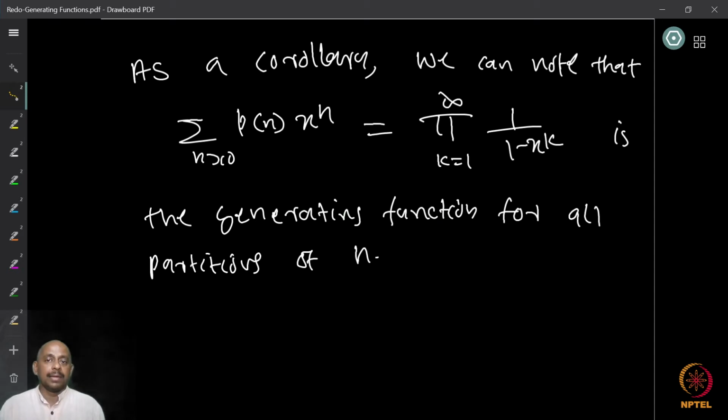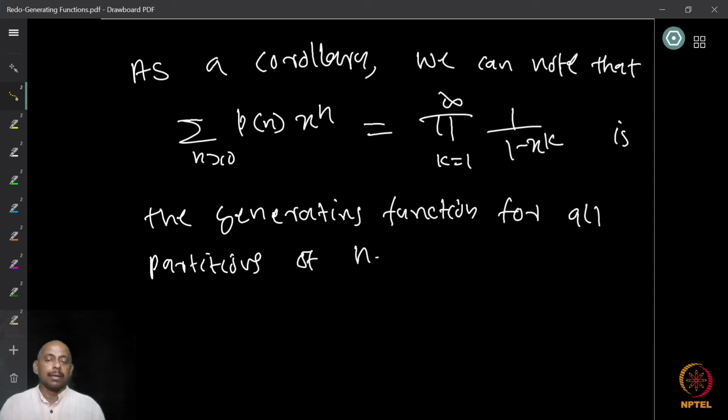So as a corollary, we can also get the generative function for P of n, the partition of n. The summation over n greater than 0 of Pn times x raised to n is the product over k equal to 1 to infinity of 1 by 1 minus x raised to k. Because here we are not putting any restrictions on the number of parts, k can vary from 1 to infinity.